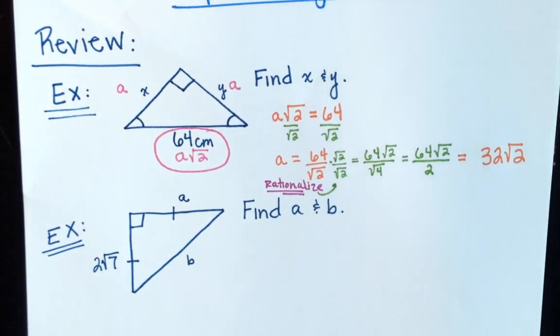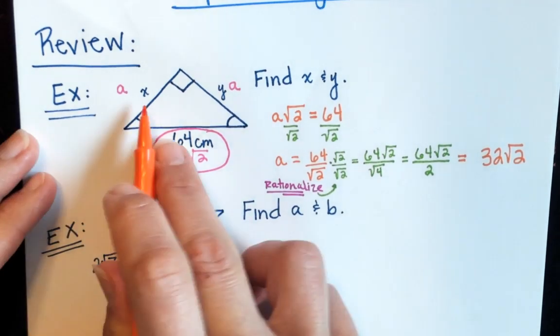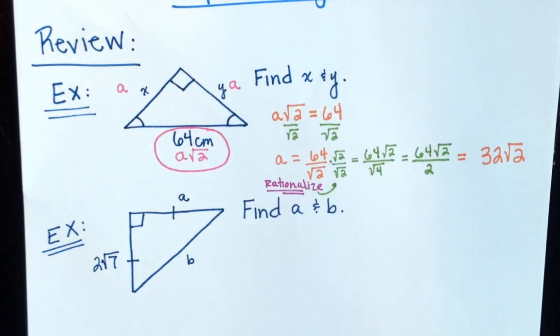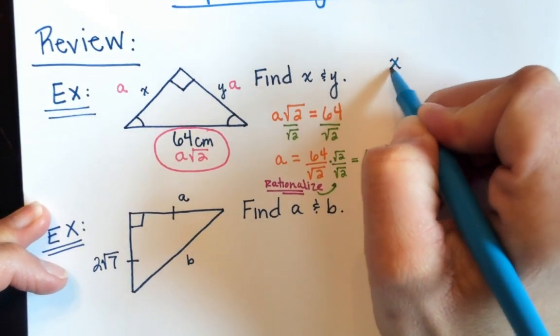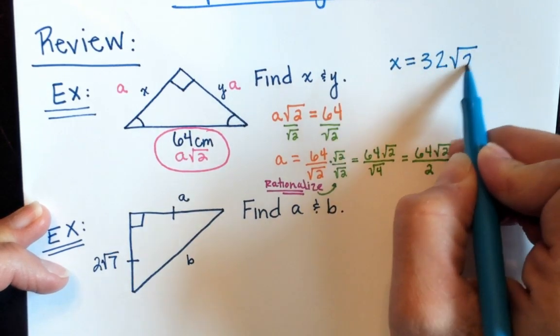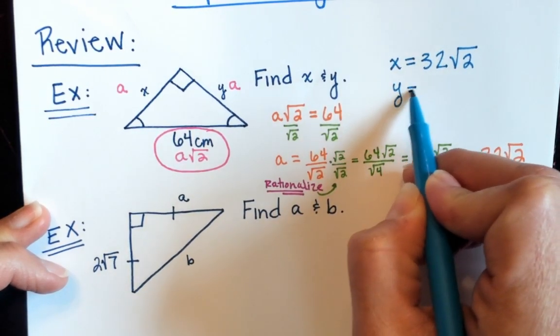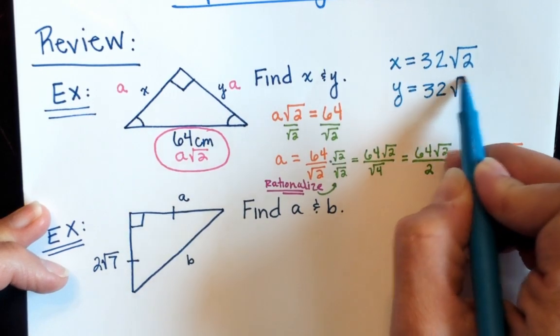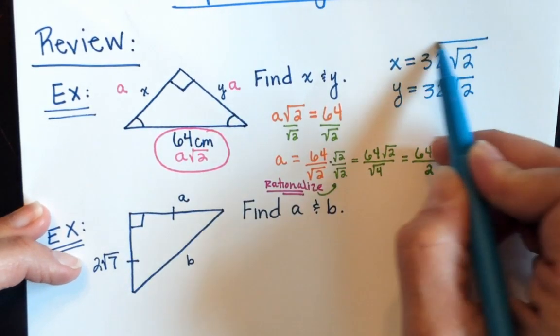It will be that every time. So our x and our y in our final answer, because it is isosceles, we would write x equals 32 radical 2, y equals 32 radical 2.